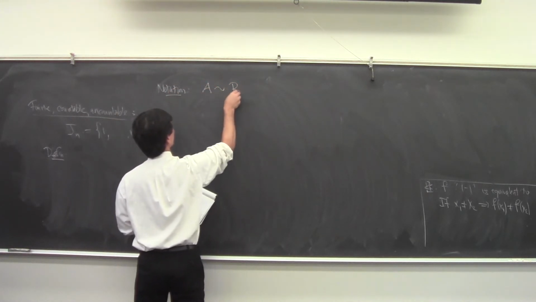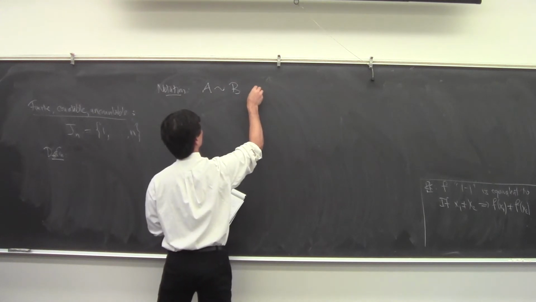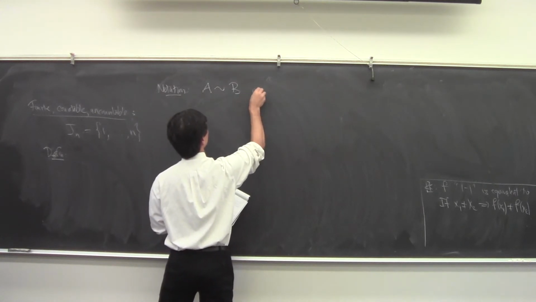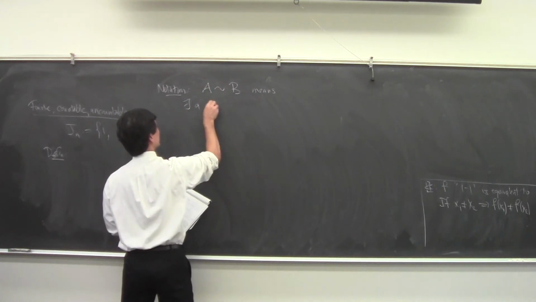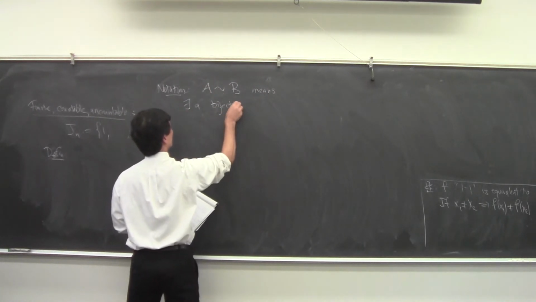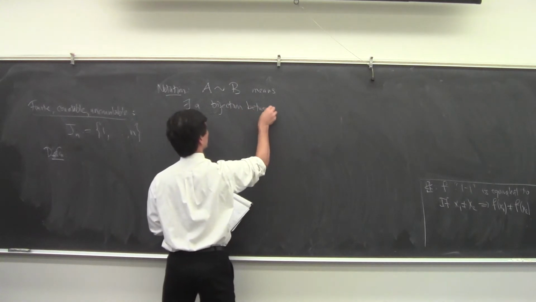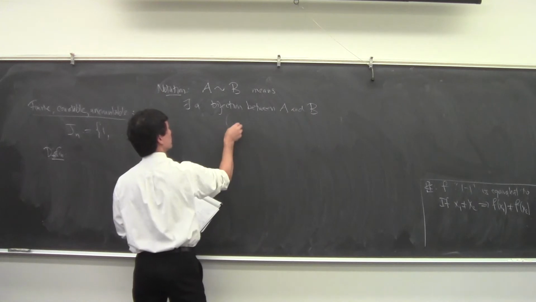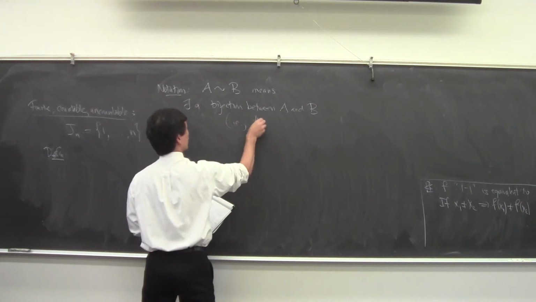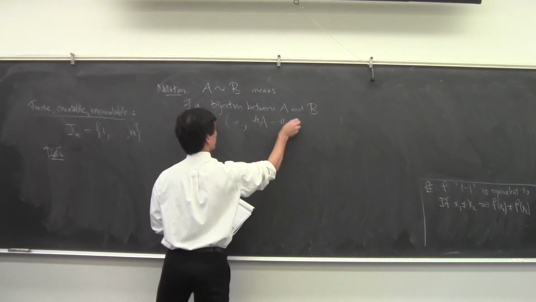A tilde B will mean that there exists a one-to-one correspondence, there exists a bijection between A and B. In other words, the cardinality of A equals the cardinality of B.